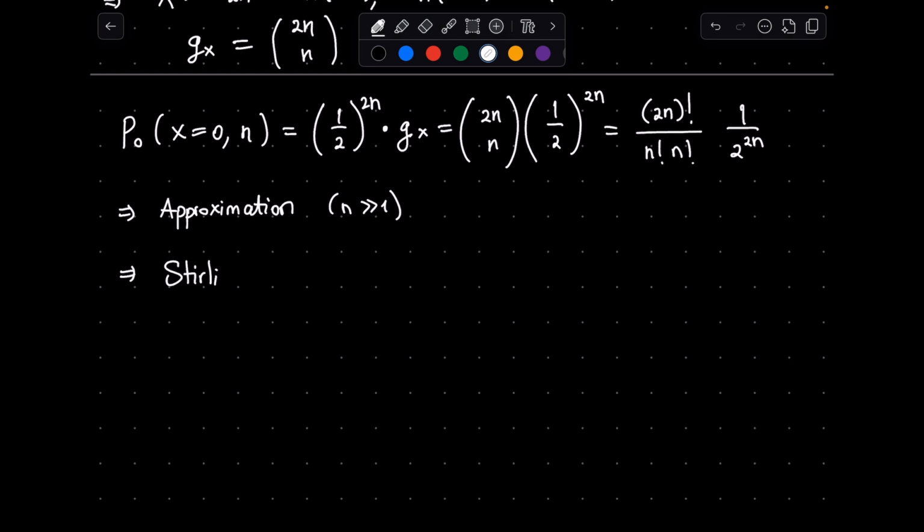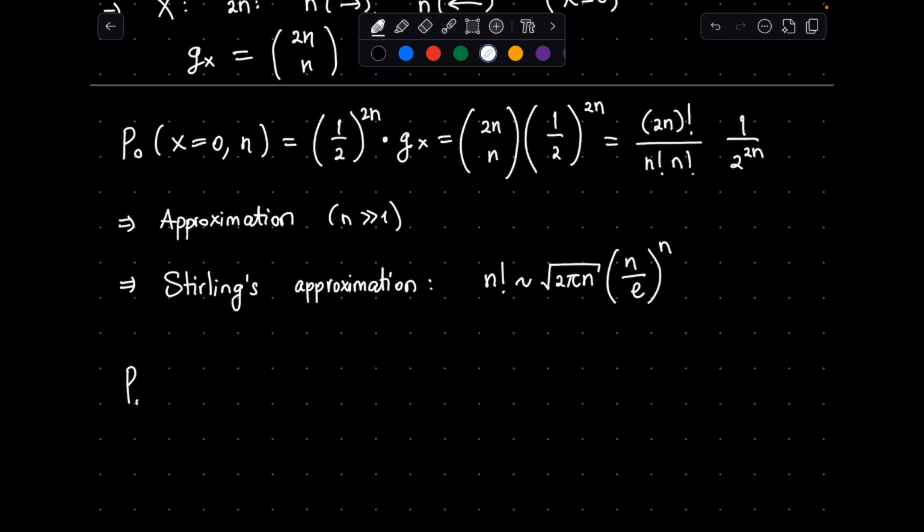In this case, we can use Stirling's approximation for n factorial. It says that n factorial is asymptotically the square root of 2 pi n multiplied by n over e to the power of n. Substituting the approximate form of n factorial into our x component probability gives the following expression.